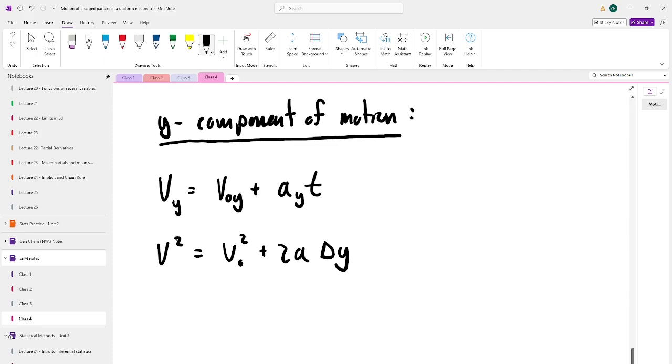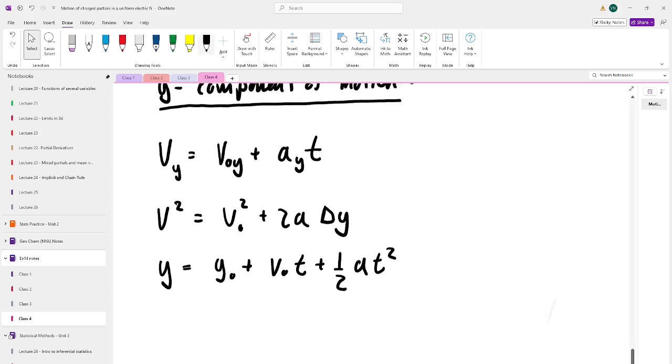It's all the same. And then y is equal to y0 plus v0 t plus 1 over 2 a t squared.